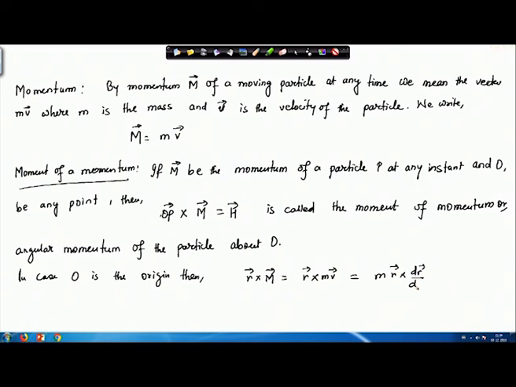V can be written as dr/dt, and this is basically our angular momentum. So, m times R cross dr/dt is basically your angular momentum.